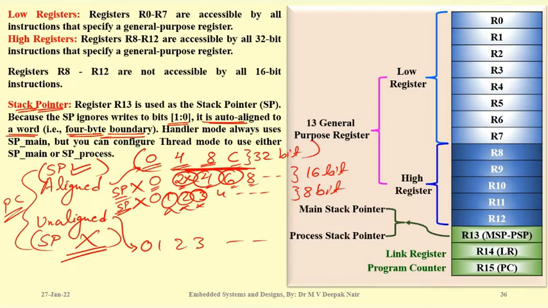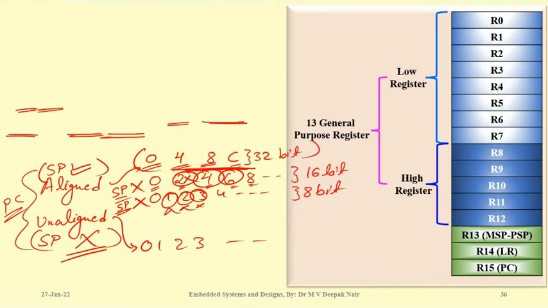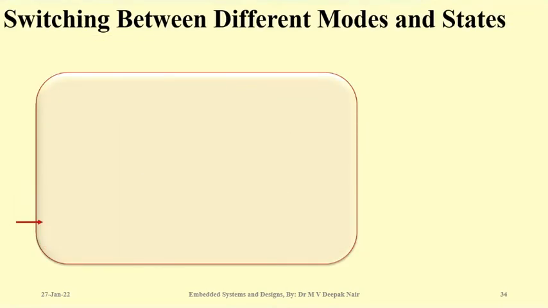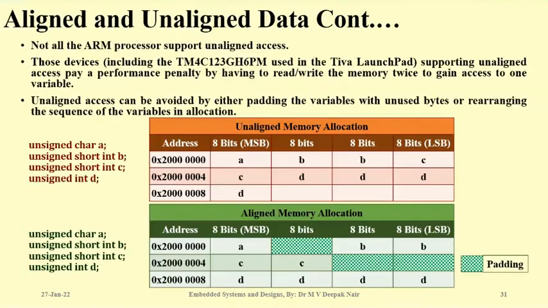So can you give another example of an unaligned? Okay. Before going to that, let us go to the slide where we were talking about aligned and unaligned memories. Can you recall this slide? Yes, sir. Right. So 2000 0000, this is that address. Then this one is 01, this address is 02, this address is 03.